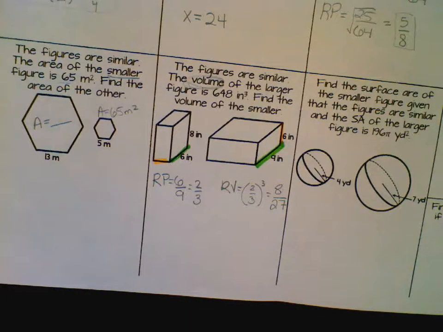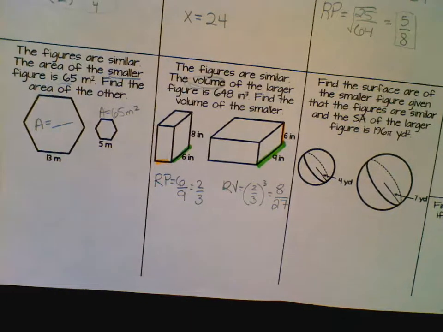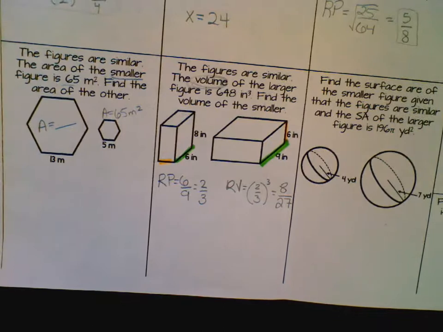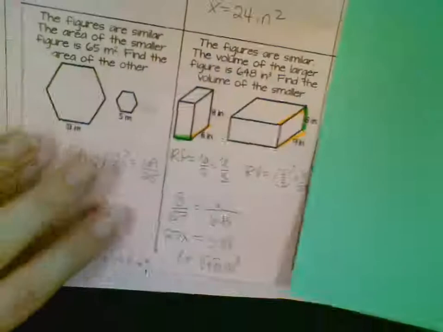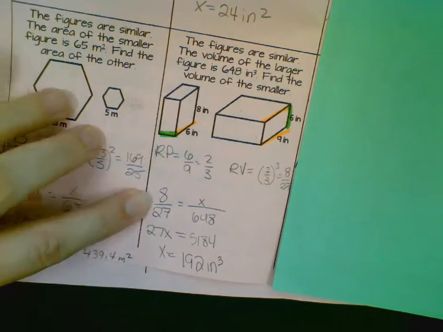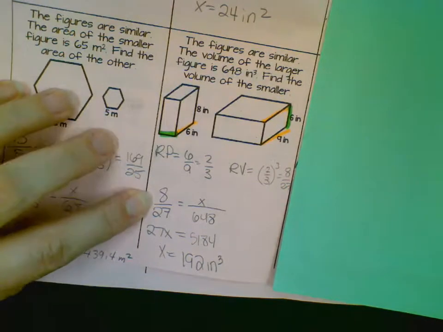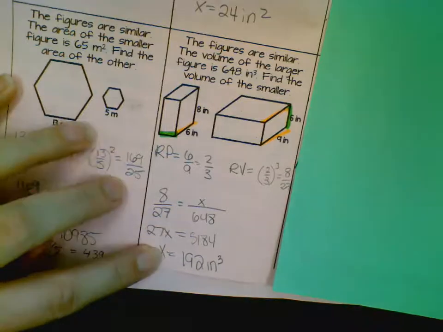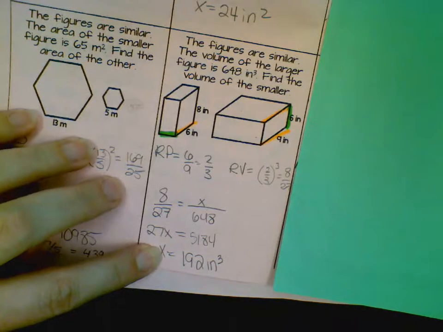Okay, now we write our proportion just like we did for the other ones. Go ahead and pause, set up your proportion, and solve for the volume of the smaller figure. Okay, here's my proportion: 8 over 27 equals x over 648. We ended up that the volume of the smaller figure was 192 inches cubed.